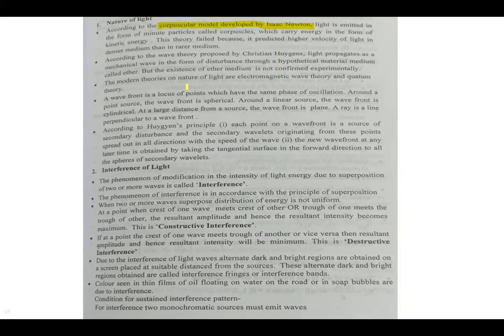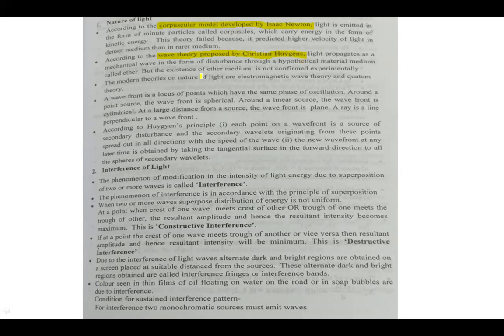That's why the second theory, the wave theory, was proposed by Huygens. Light propagates as a mechanical wave, in the form of disturbance through a hypothetical material medium called ether. But the existence of ether was not confirmed experimentally, so this theory also had a drawback.